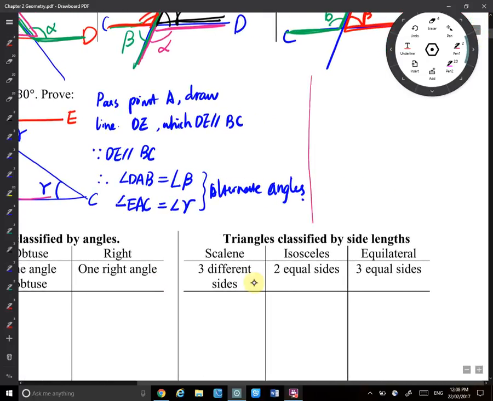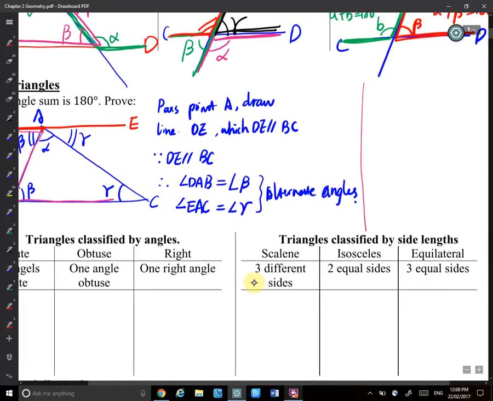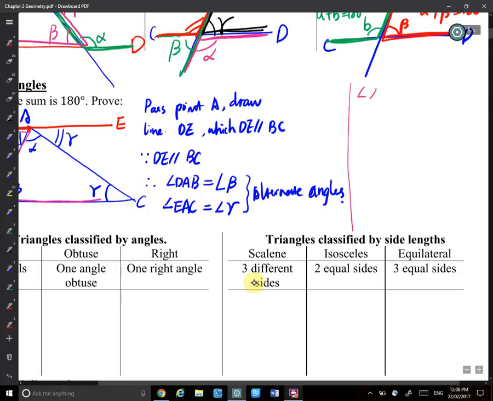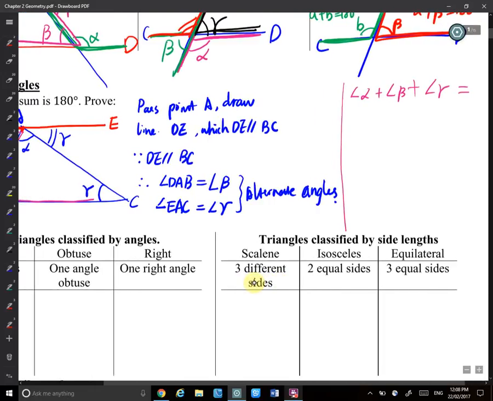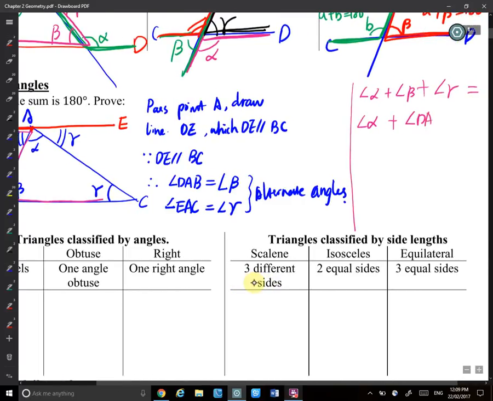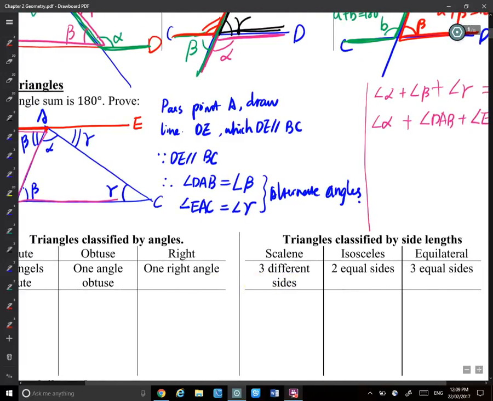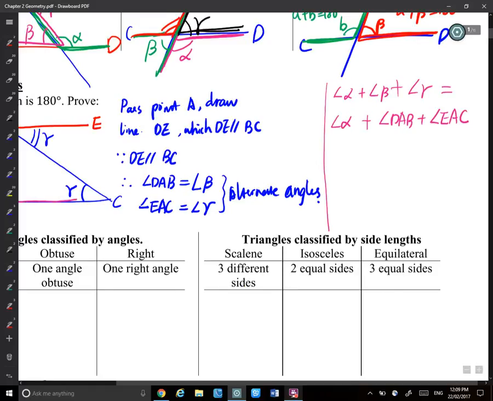And then you can say angle alpha plus angle beta plus angle sigma will be equal to angle alpha plus angle DAB plus angle EAC, because you change beta to DAB and sigma to EAC.